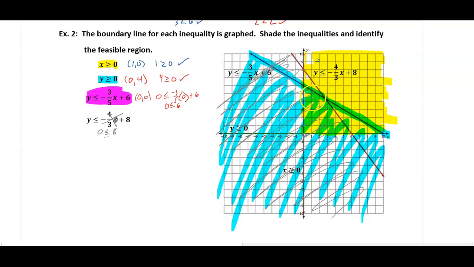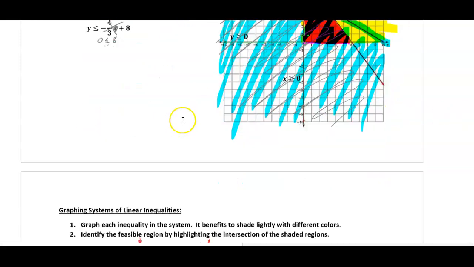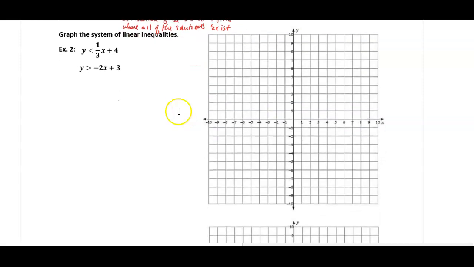They intersect over in here. And then how about this gray region now? All of those shaded regions are inside this here. This here is your feasible region, okay? That is the intersection of all 4 inequalities. So let's take a look at an example.